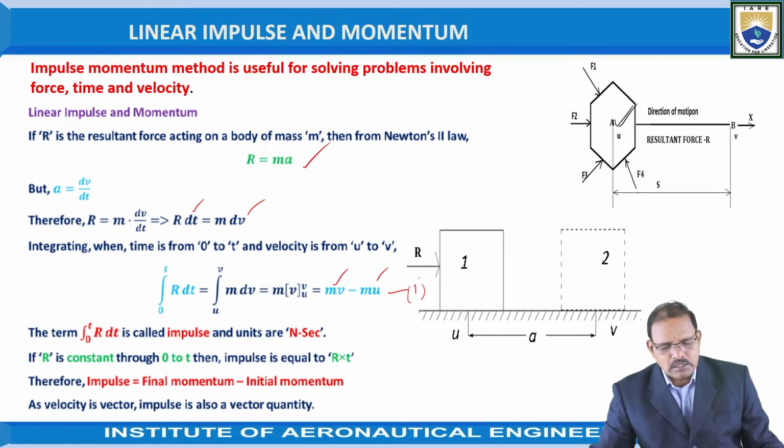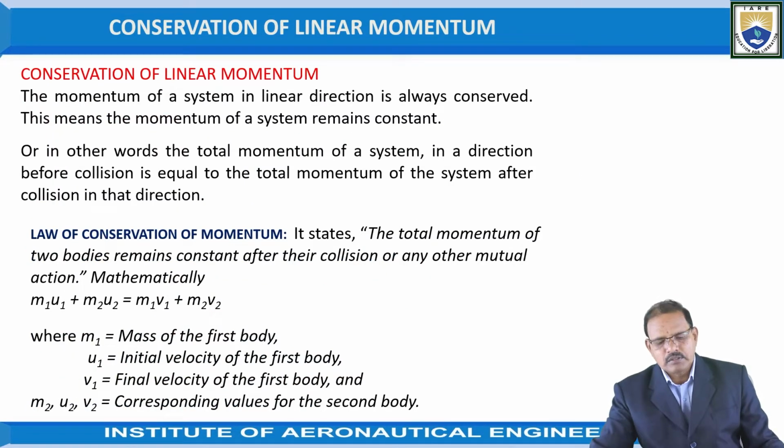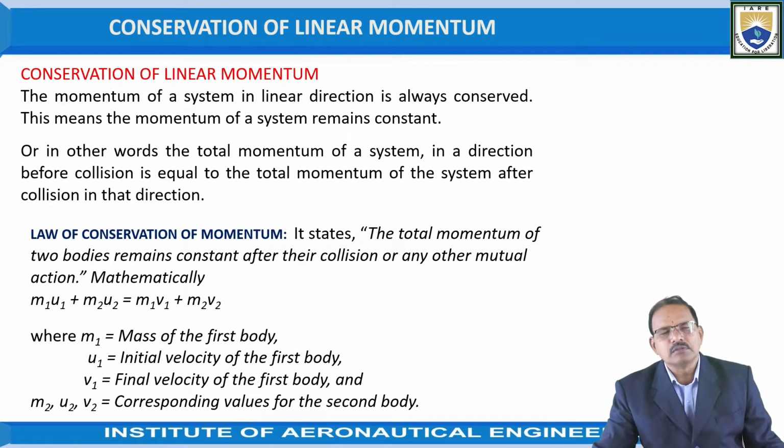That means the momentum possessed by the body finally, at B, should be equal to the momentum possessed by the body at the first position, when it had velocity u. Then we can say the momentum is conserved. When the momentum is conserved, the resultant force acting on the system should be equal to 0. So it leads to the law of conservation of momentum.